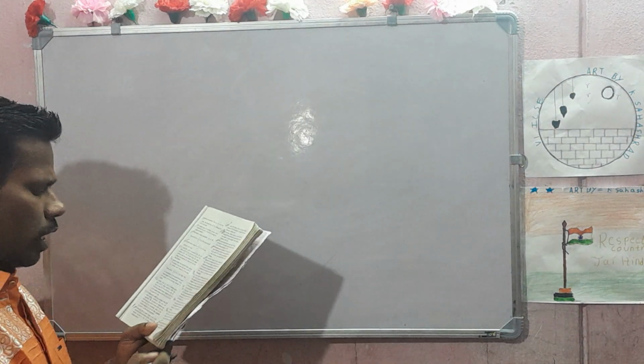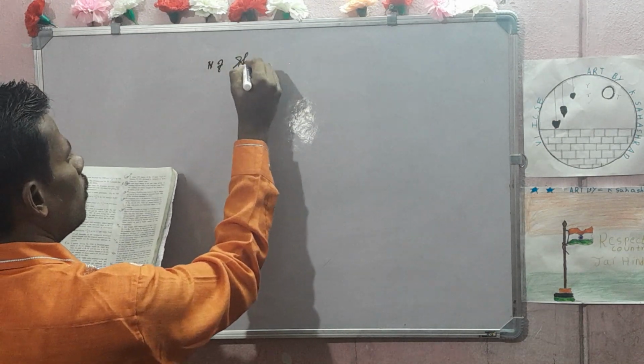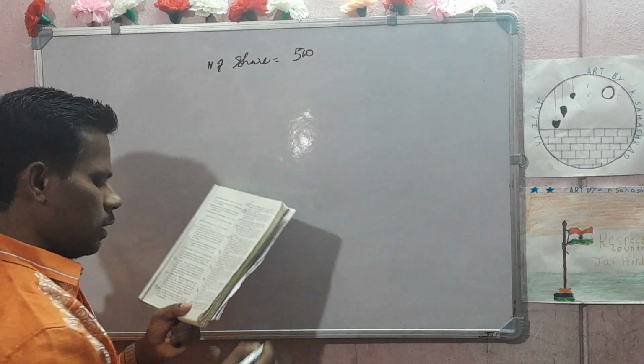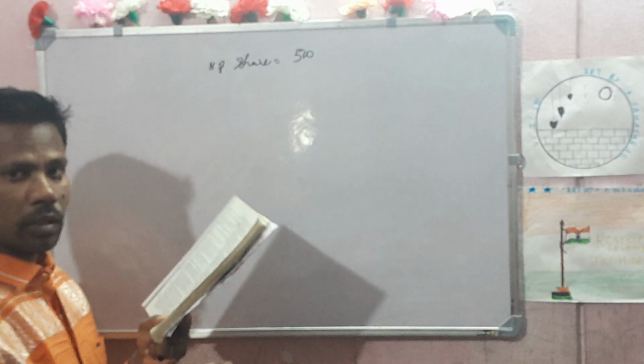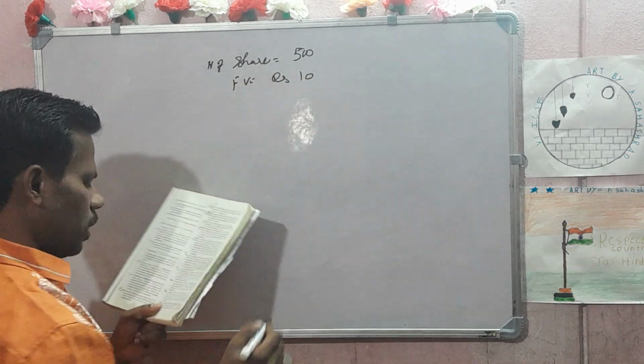So here, the man bought how many shares? 500 shares. Number of shares is 500. Face value of each share is rupees 10.